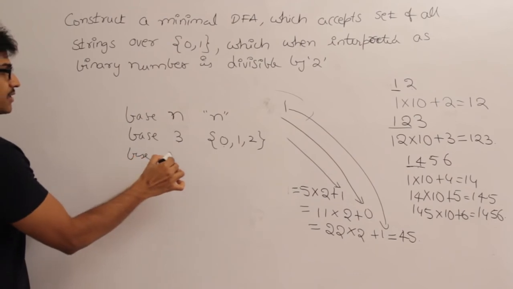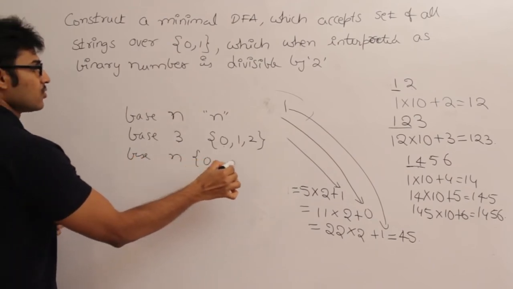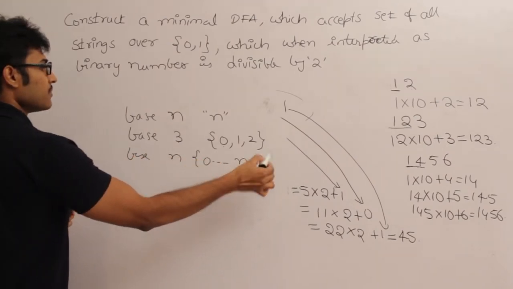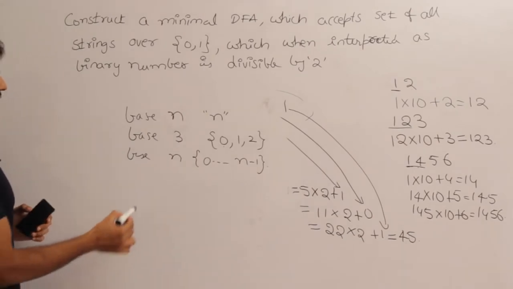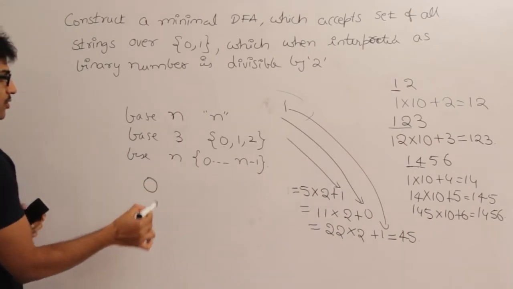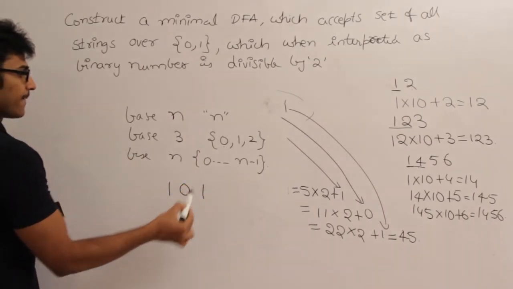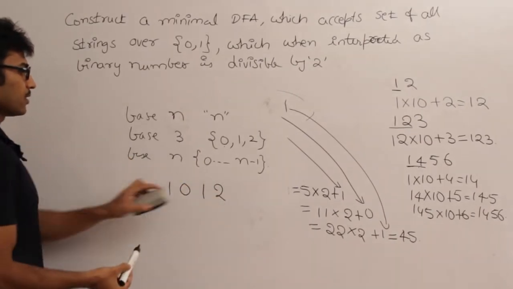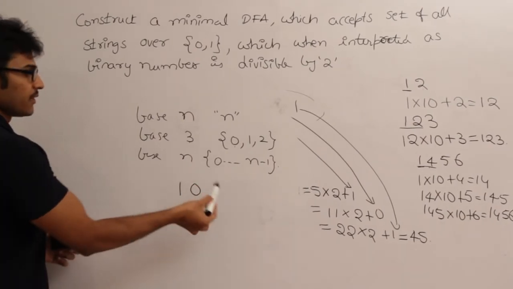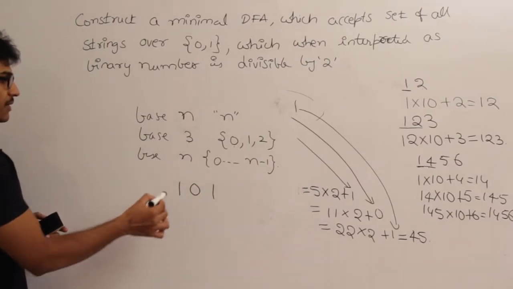If the base is some n, then it will have 0 to n minus 1. These are the symbols. Okay, so now let us say I have a number 1 0 1 in ternary. Then what is its decimal value?